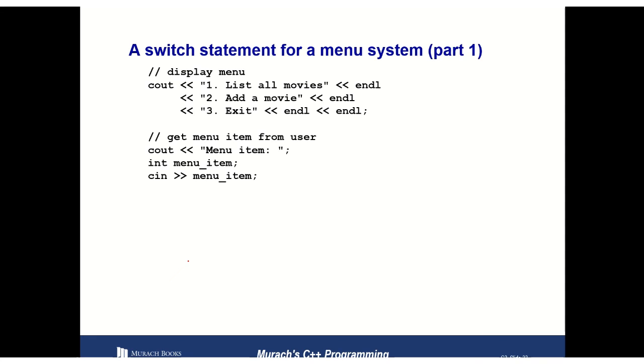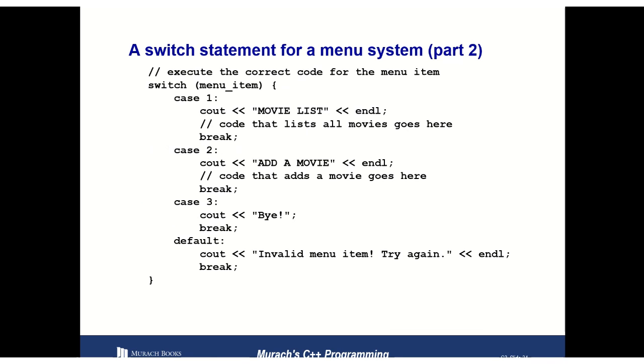Whenever you have the menu item equals one, you list everything. If you have a menu item equals two, you add a movie, and if you do three, it simply exits. Okay. We are not mentioning the exact structure of one, two, or three here, but it's a typical use case for a switch statement.